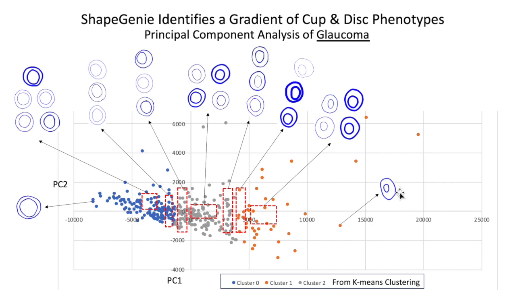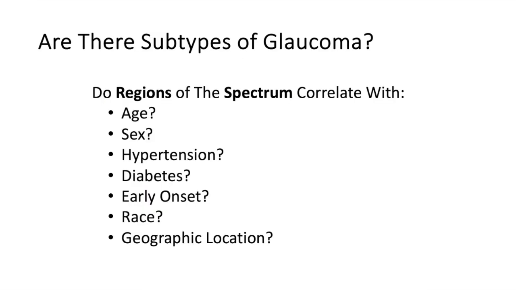Here, both the cup and the disc are elongated. While here, in this region, the cup is larger, off-center, and the disc is less elongated. Again, this level of nuance and precision makes us believe that if we had clinical data on the age, sex, and pre-existing conditions of the patients, we will be able to identify subtypes of glaucoma.